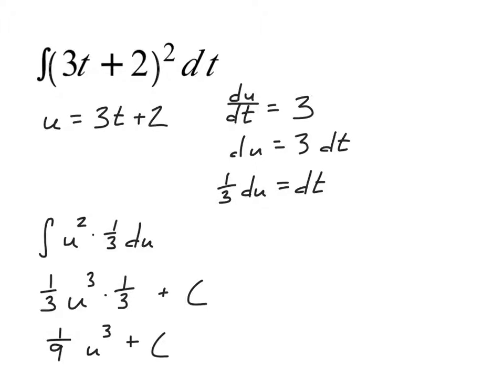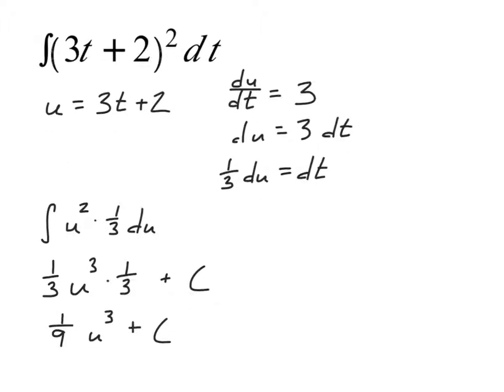And so in this case, we end up with an answer of 1/9 u cubed plus c. Well, I guess that's not the final answer though, right? Gotta do one more step.